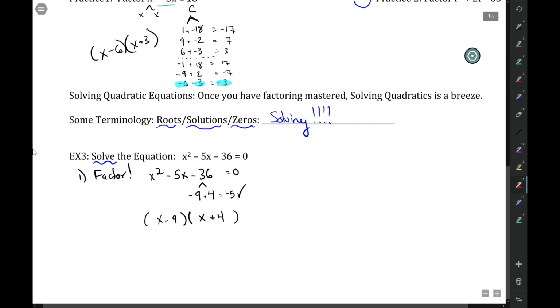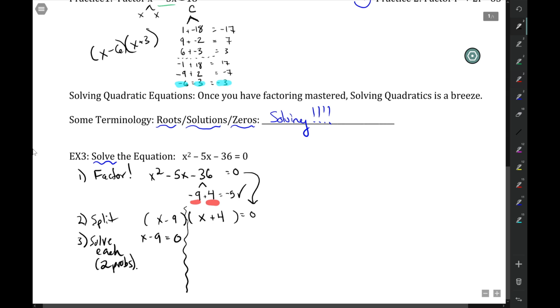Now the only extra step is we have this 0. So step 2 is to split your factors. We're going to split them both up. And step 3, we are going to solve each of them. So that's 2 problems. We are going to solve x minus 9 equals 0 and x plus 4 equals 0.